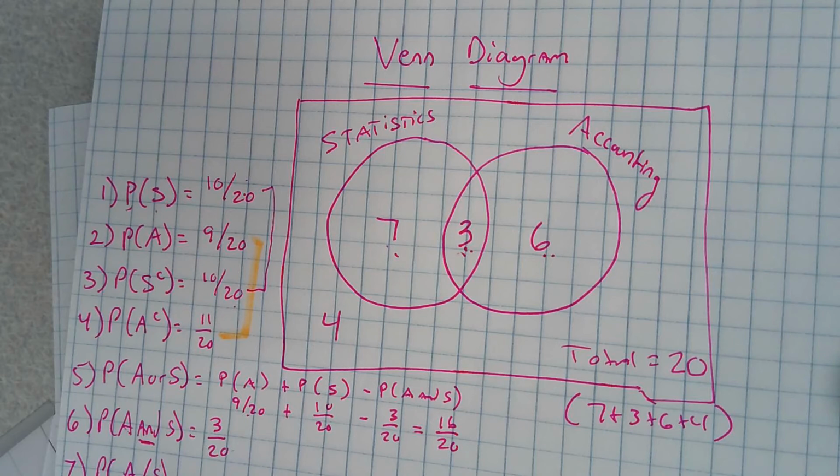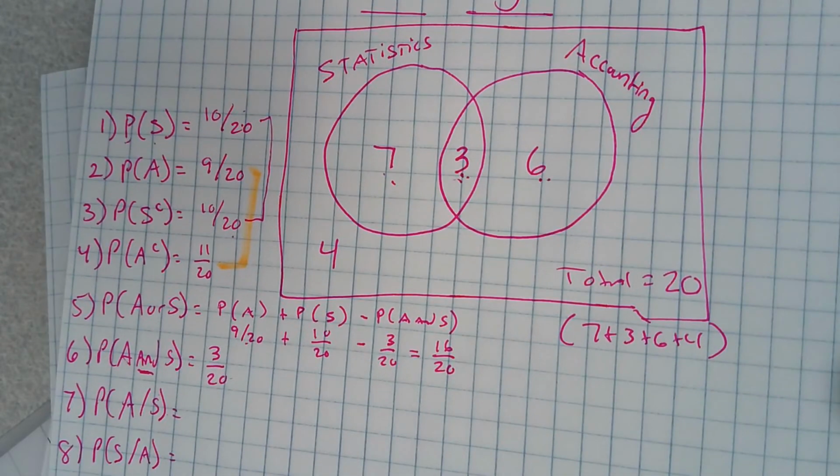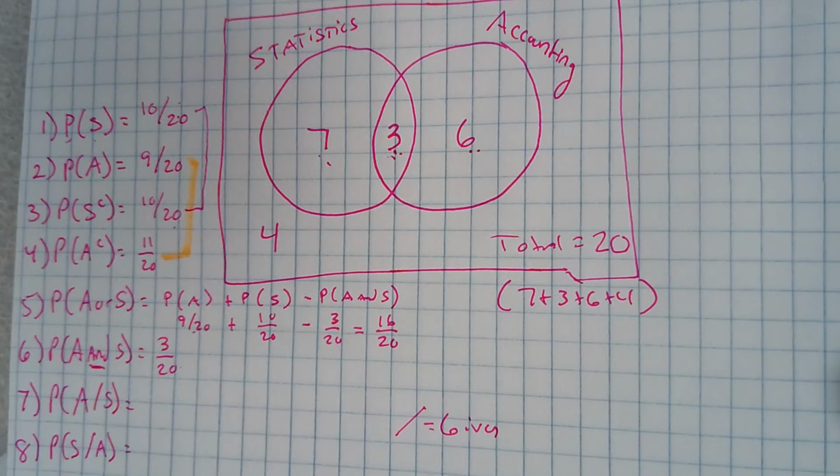For number 7, the probability that you are in a stat class given you are in an accounting class. This slash symbol, we read as a given statement. So again, I'm going to write this one out.